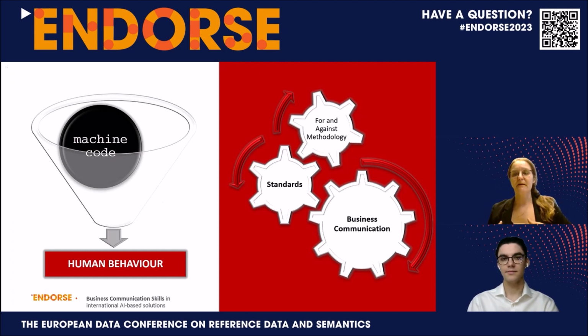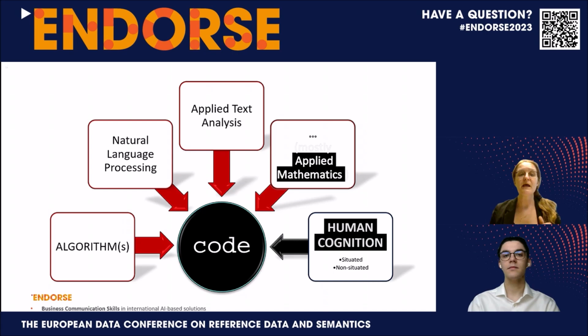So talking about for and against methodology to implement standards as they are used in business communication, we need to take the perspective very seriously, what we would like to achieve at the very end of the day.